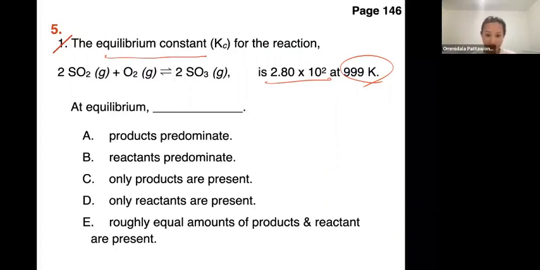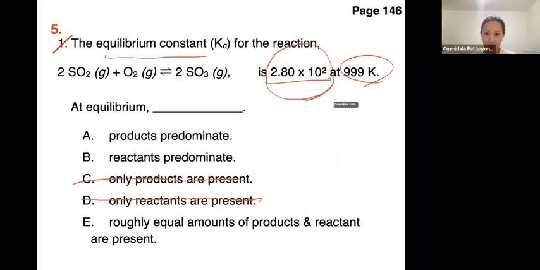They don't have to have the same concentration, but their concentrations have to remain constant. So in this case we can eliminate C and D, because at equilibrium you are going to observe both. Which one is going to be predominant? That's when you need to look at the value of K.